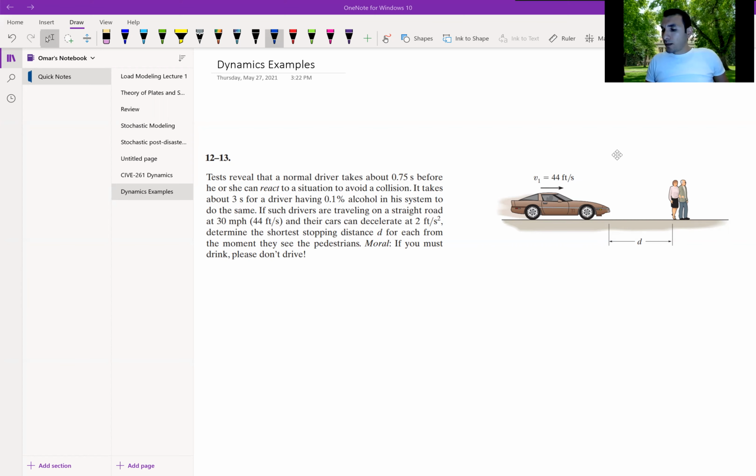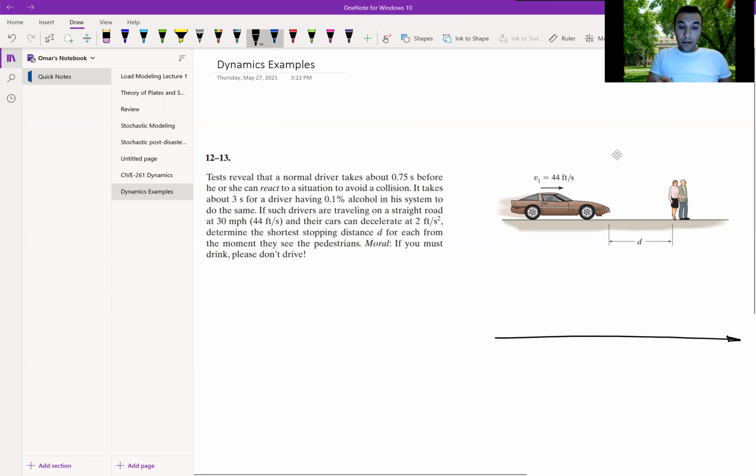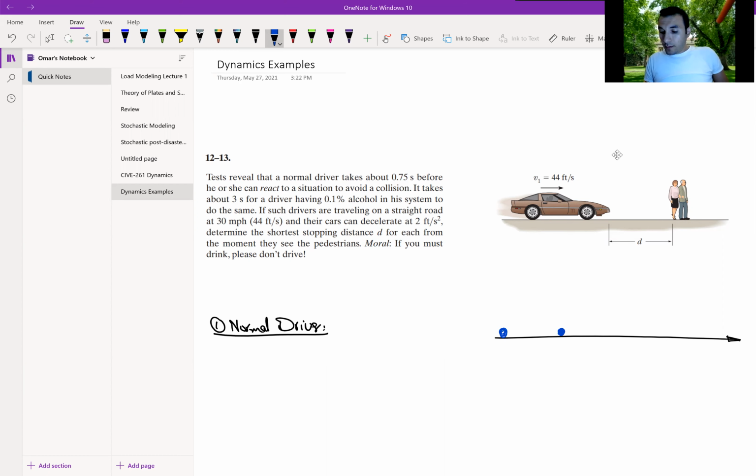So let's lay out this problem. Here's the straight line path of the car, and we have the car at this location, and it takes the car 0.75 second for the normal driver. So let's start first with the normal driver.